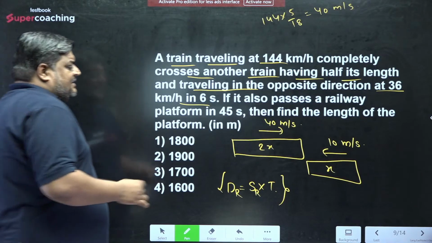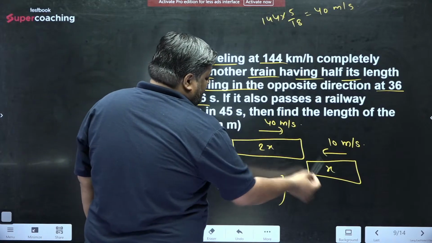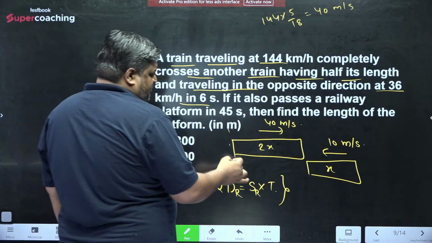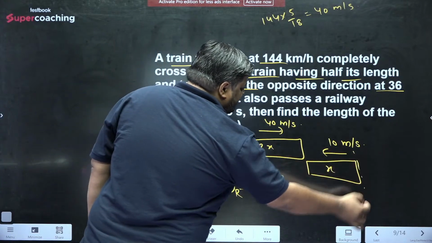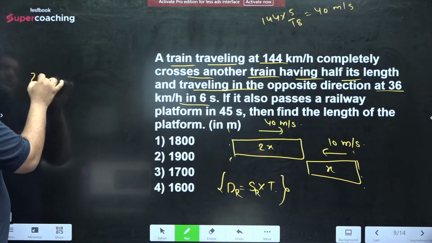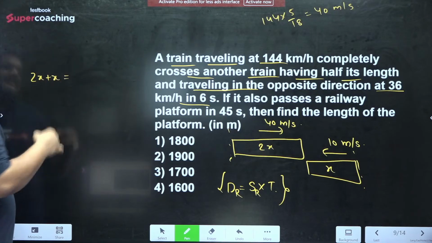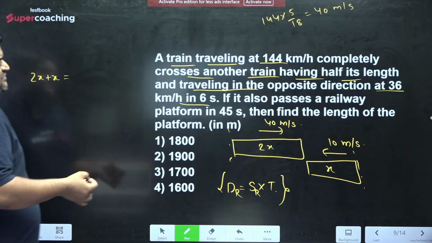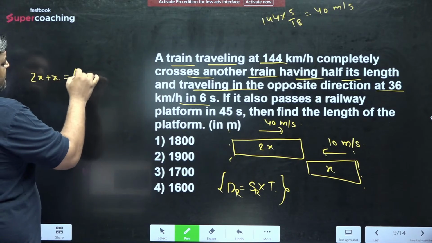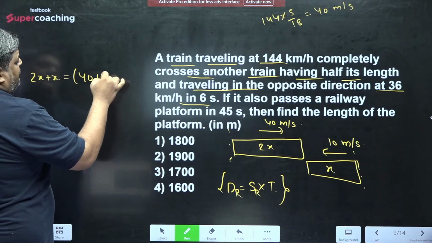What is Dr? Dr is 2x plus x, the entire distance from the first point to the last point. So 2x plus x is the Dr. What is the relative speed? Since they are moving in opposite directions, it would be added: 40 plus 10.